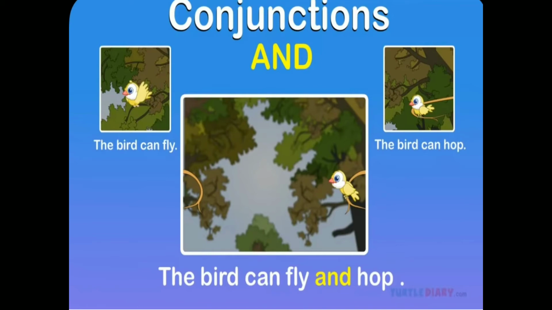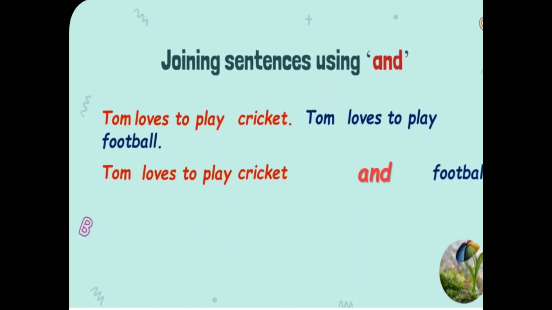Okay, one more example. Tom loves to play cricket. Tom loves to play football. In these sentences also, you can observe that "Tom loves to play" is similar in both. Just now, we joined certain sentences with and.